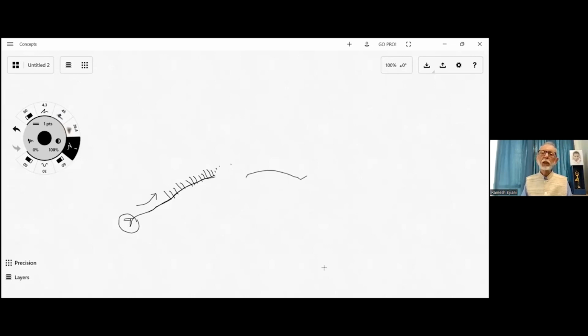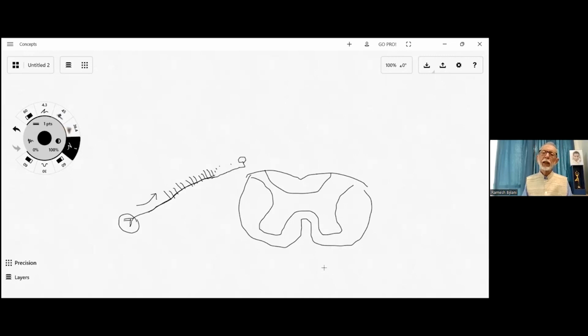So here's the spinal cord. The cell body of this neuron is just outside the spinal cord, and then it enters here.